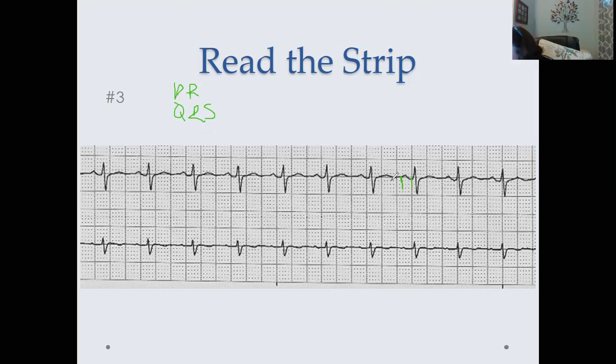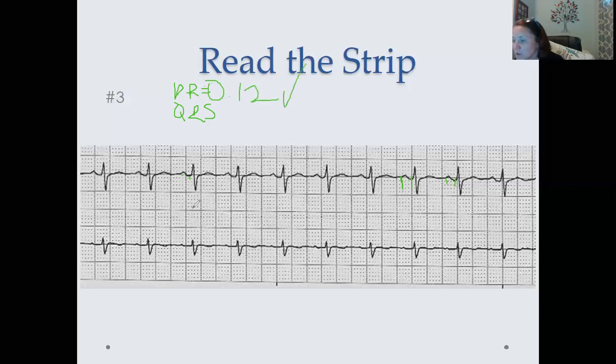So we've got 1, 2, 3 boxes. Let's see. 1, 2, 3. Yep, 3. Maybe 3.5. About 3 boxes. 0.12. Normal was 0.12 to 0.20.